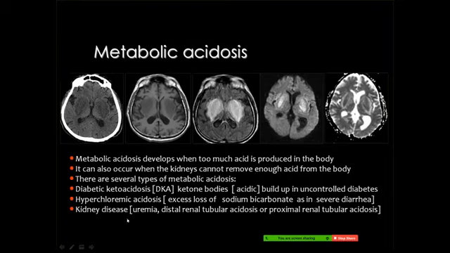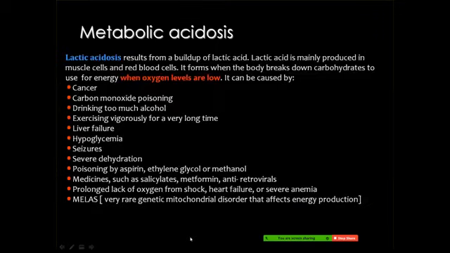In kidney disease like uremia or renal tubular acidosis, you may get this appearance. Lactic acidosis, let us say the most common form, is the accumulation of lactic acid in the circulation. This occurs when the body breaks down carbohydrates for energy when oxygen levels are low.